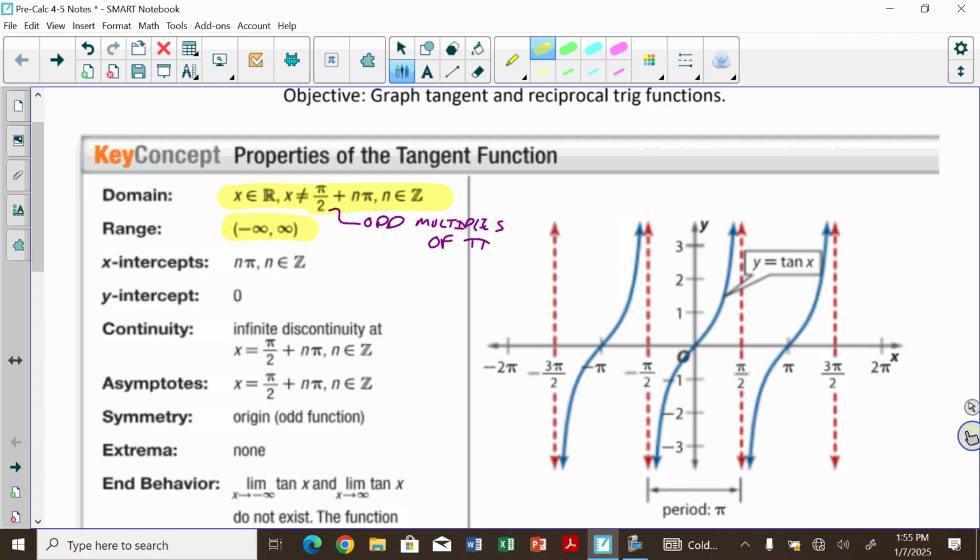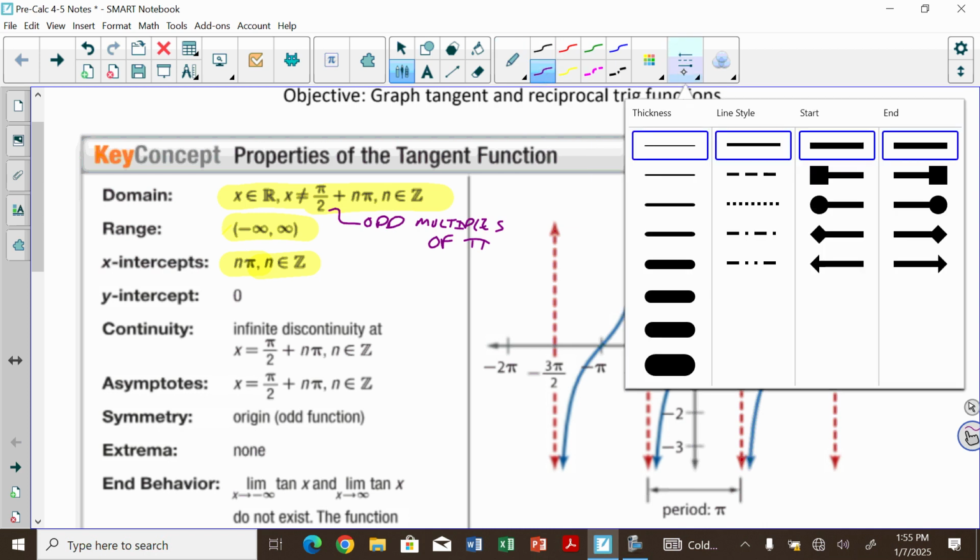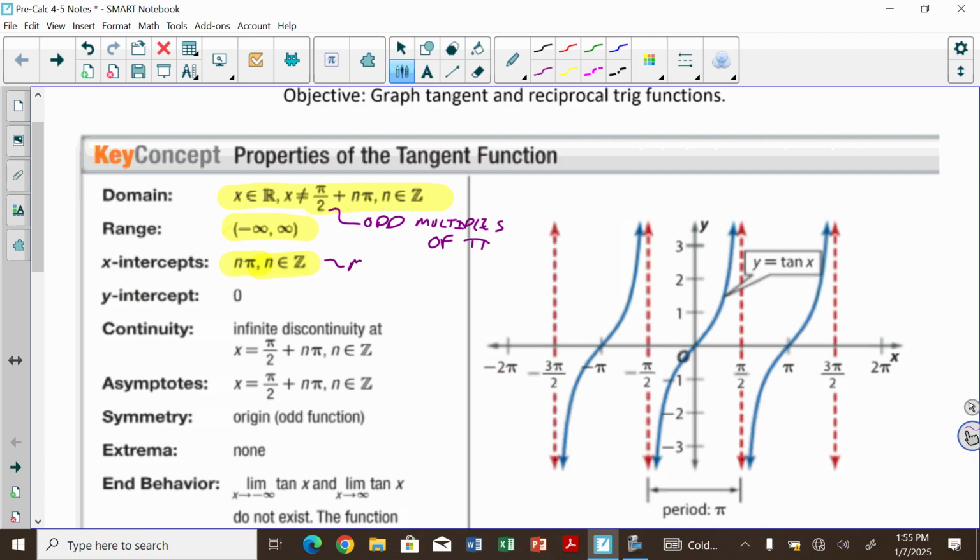Your x-intercepts are n times pi, as long as they exist within the set. This n times pi just means multiples of pi: 1 pi, 2 pi, 3 pi.